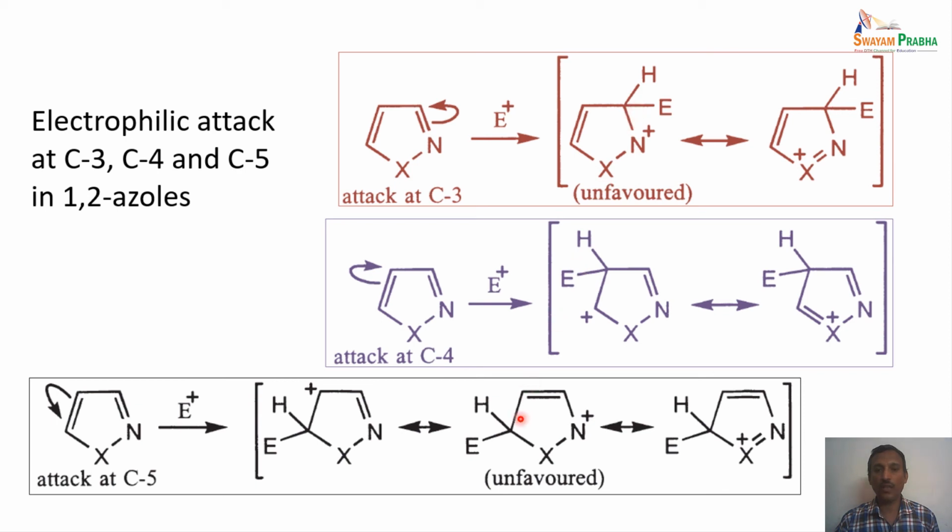So C3 and C5 have one particular structure where the nitrogen having the plus charge is quite unstable, and that is the reason the electrophilic attack at C3 and C5 is not favored, whereas no such destabilizing cation exists in the case of C4 attack. So this reaction occurs more preferentially at C4 of the pyrazole moiety.